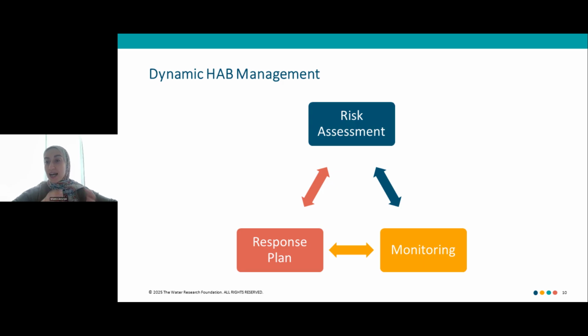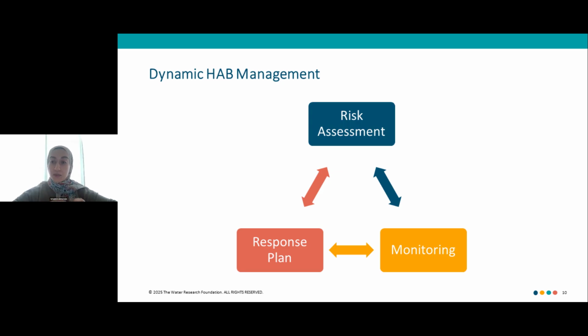And of course, the output of these monitoring tools, so the results from the monitoring, goes back into the risk assessment in order to make sure that it's updated and reflective of your actual conditions at the plant at all times. The output of the monitoring is also the input to your response plan, because that's what you base your actions on, based on the things that you're seeing at your source water or your finished water.